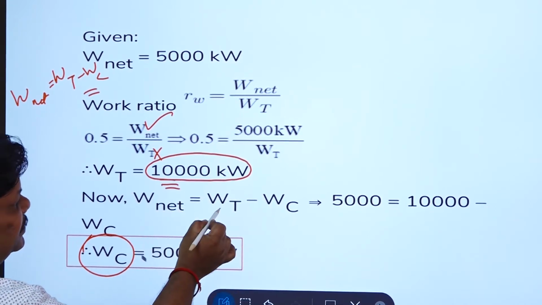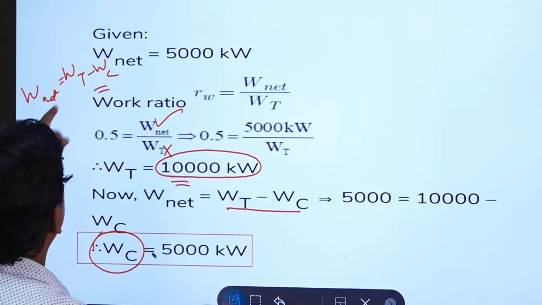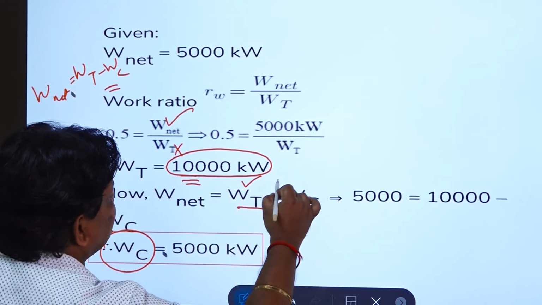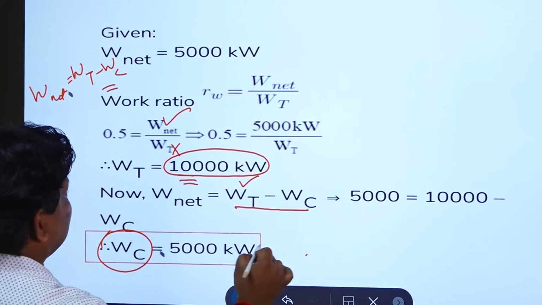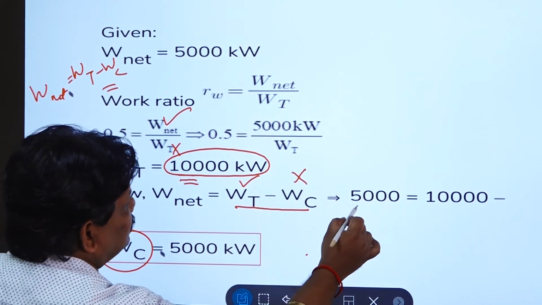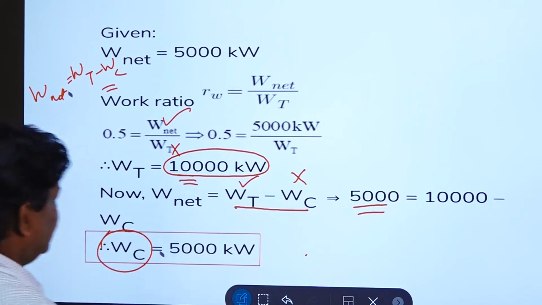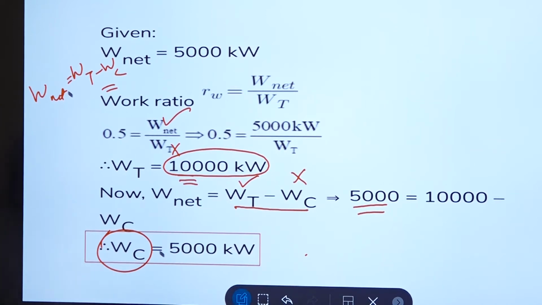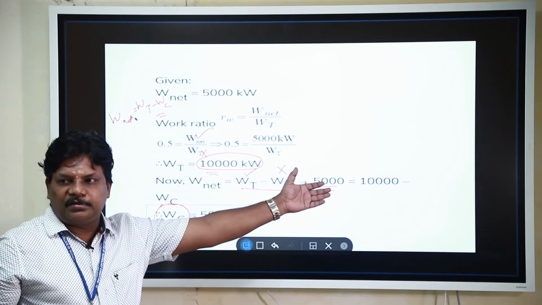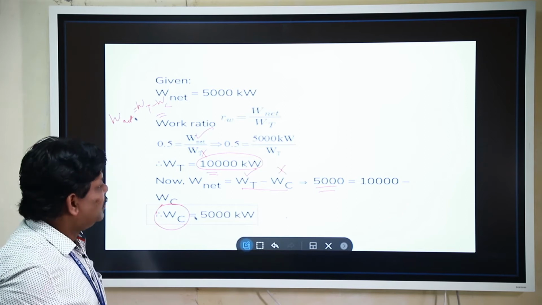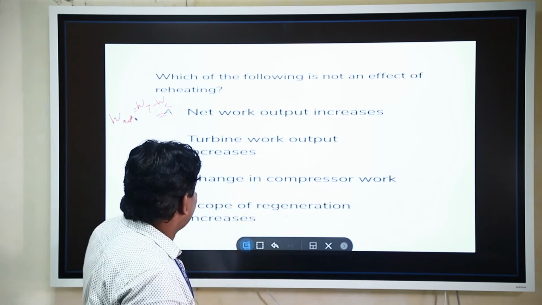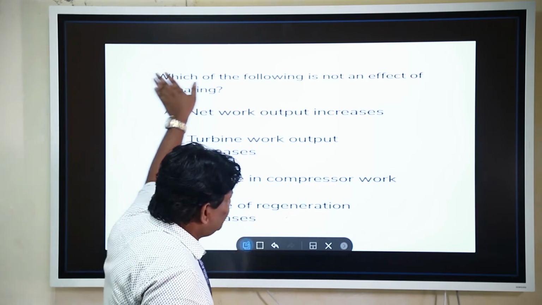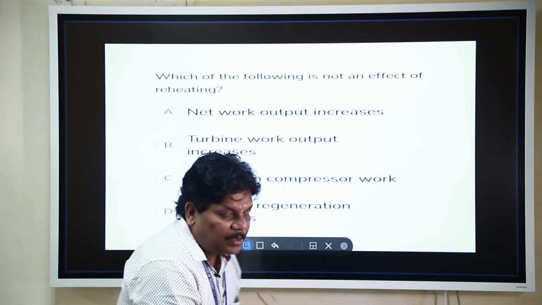W net is equal to WT minus WC. So WT is 10,000, and WC is what you have to determine. The remaining is 10,000 minus 5,000, which equals 5,000 kilowatt. So this also comes in the turbine as well as in compressors.